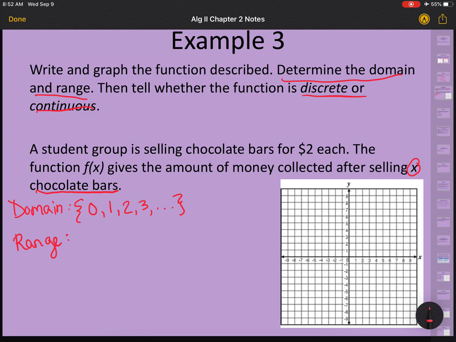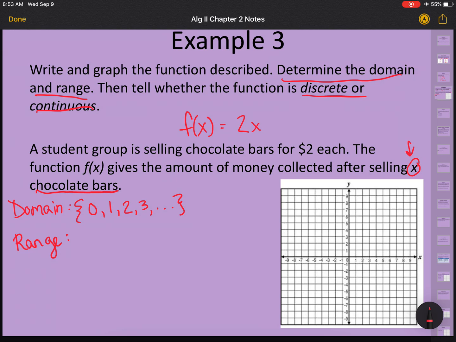But the range, I've got to think about my y values here, okay? Because I need a function to represent that to see what y values I'm going to get back. So if I try to make a function out of this, it says each chocolate bar is $2 each. Chocolate bars represented our x value. Since each chocolate bar is $2, that's just like saying 2x, right?